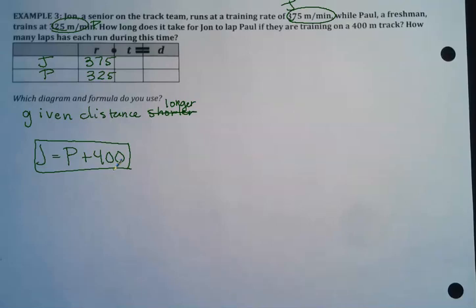Remember, in that diagram, the distance of the first person equals the distance of the second person plus the 400 meters more. So the distance that John ran is equal to the distance that Paul ran plus 400 meters because John lapped him. Like if we're running around the table, he ran around the table one more time than Paul did.